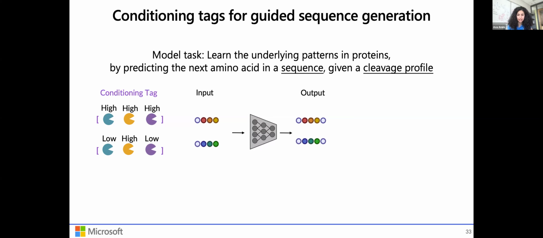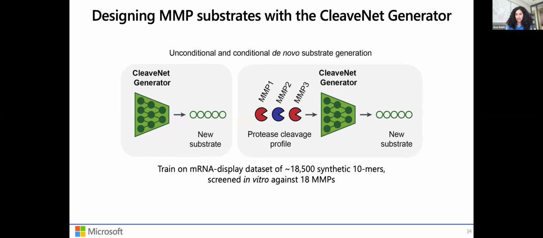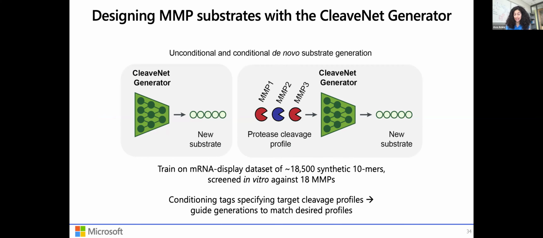And this is exactly what we did, leveraging again this mRNA display dataset, where now instead of pure unconditional training or generation, at training time and at inference time, we can supply these conditioning tags that are vectors of cleavage scores across the 18 MMPs from the dataset and use that as a means to guide generation.